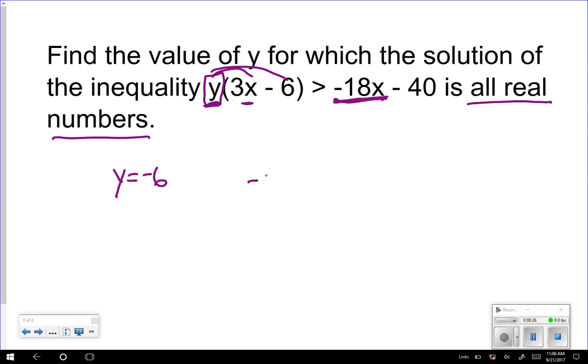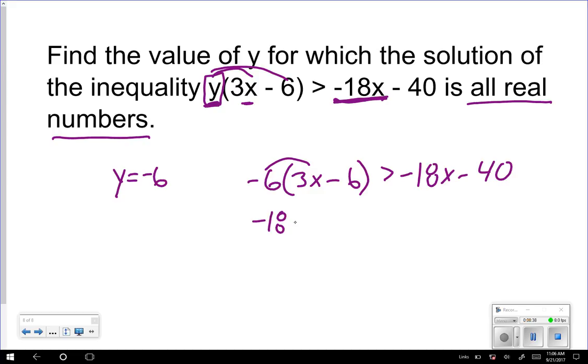So let's try this. Negative 6 times 3x minus 6 is greater than negative 18x minus 40. So if I distribute, I'm going to get negative 18x plus 36 is greater than negative 18x minus 40.